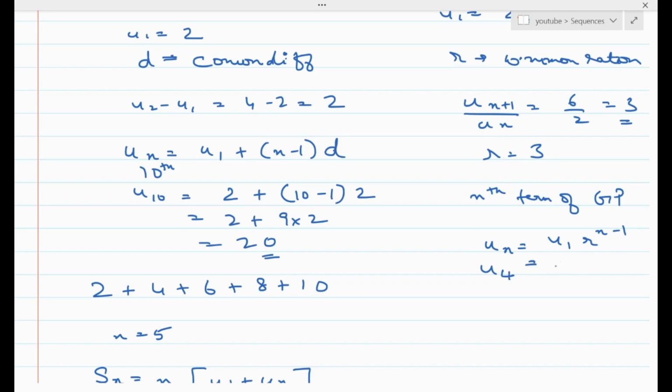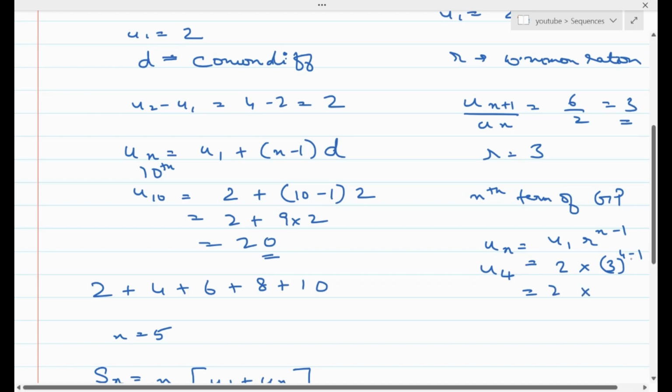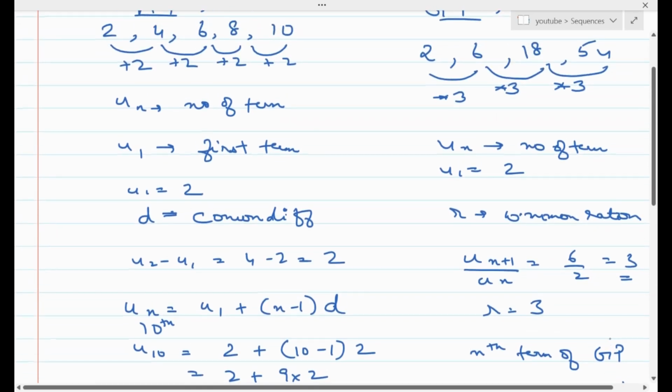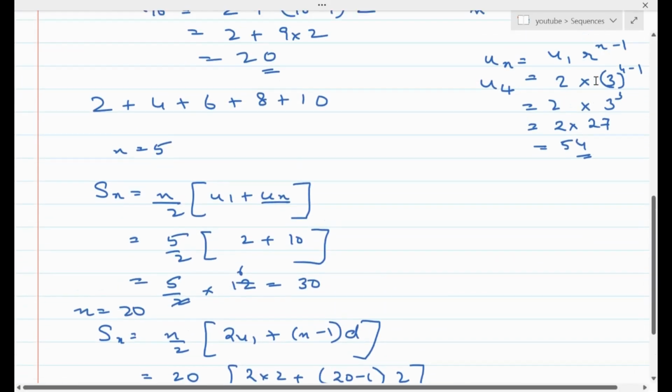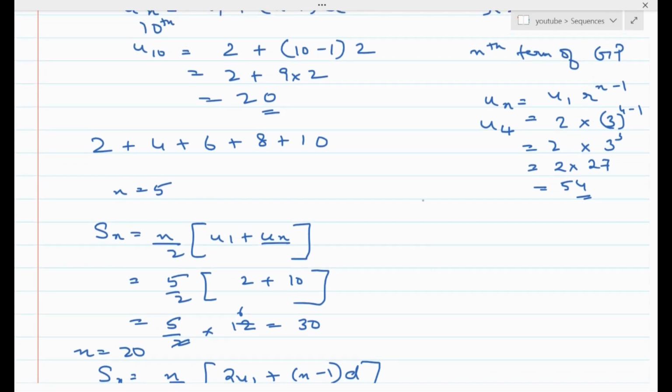Then that would be u4 is equal to 2 into 3 to the power 4 minus 1, which is going to be 2 times 3 to the power 3, which is 27. So 2 into 27, which is going to be 54, which we've already figured out over here. But this is how you could figure out the nth term of a geometric series.